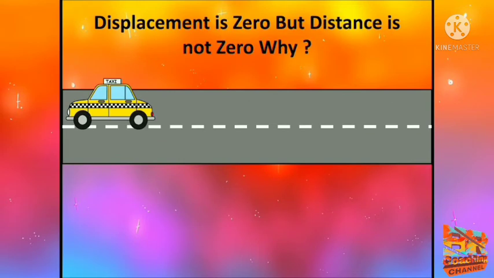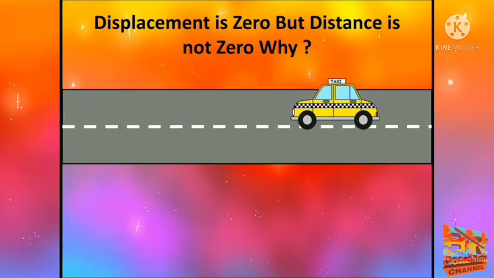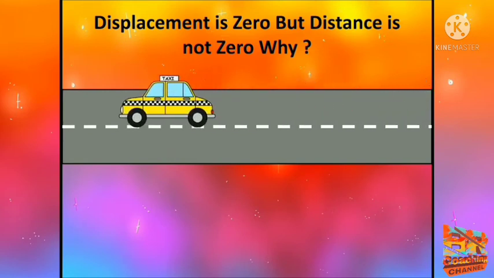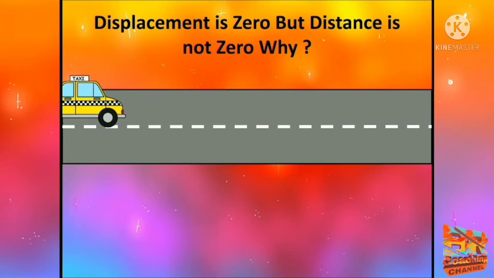and displacement are equal. Now see here, my dear children, when the displacement is 0 and the distance is not 0. If we are moving in a straight line to and fro, see here I am showing you, a car came to a particular point B and again it went back to the same point.